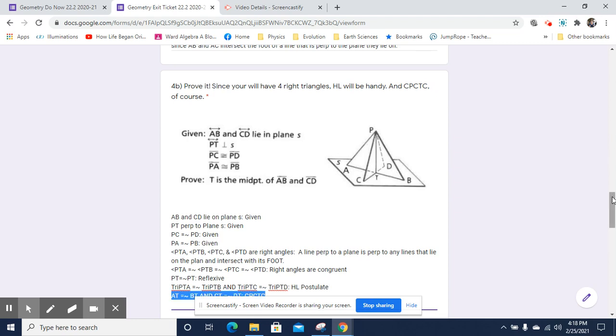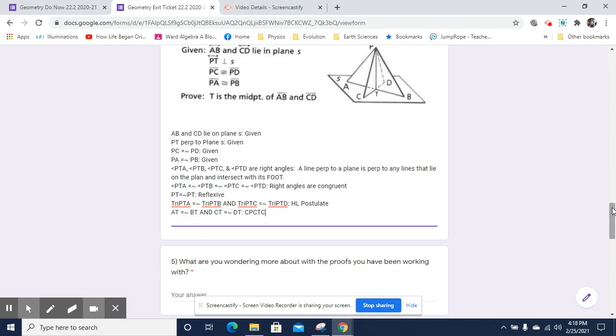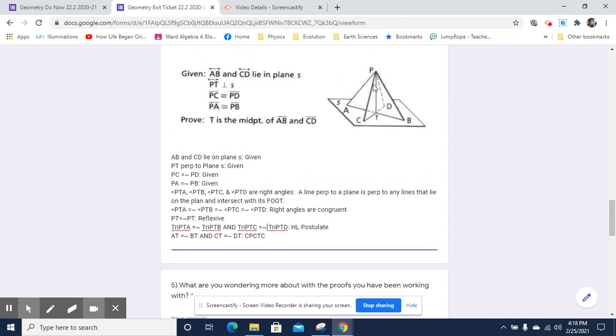Let me scroll down a little bit so we can see what I'm doing. And that tells us that AT and BT are congruent by CPCTC, and CT and DT are congruent by CPCTC. And finally, T is the midpoint of AB and also of CD by definition of a midpoint.